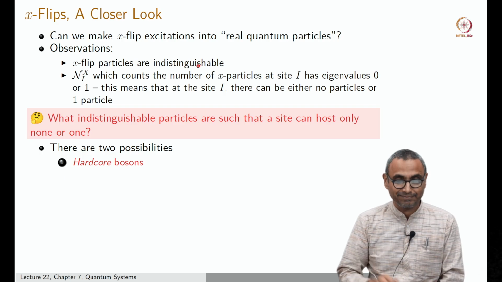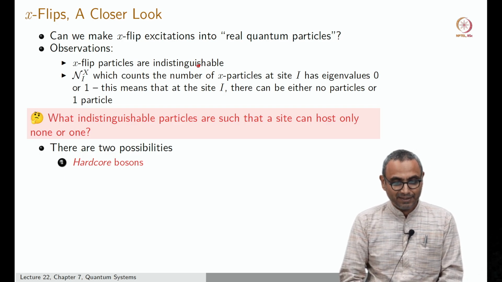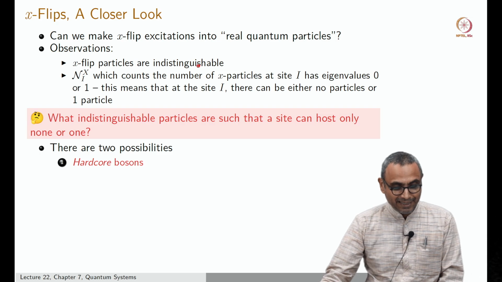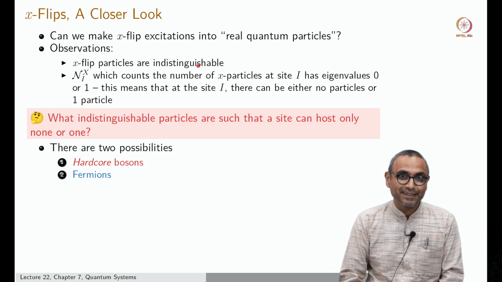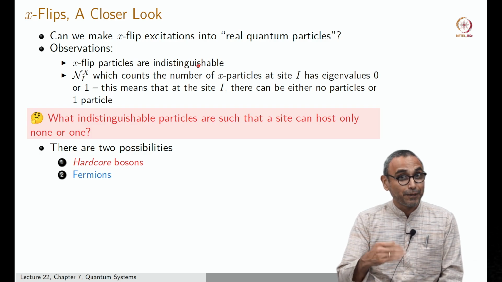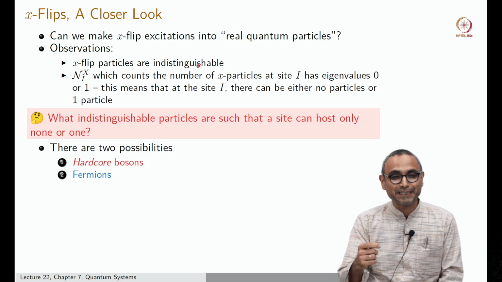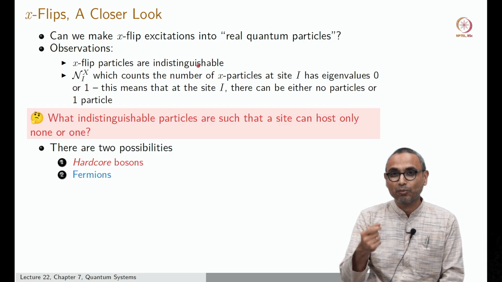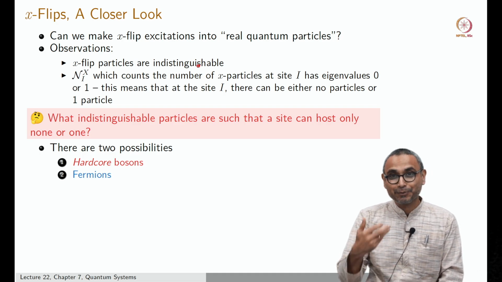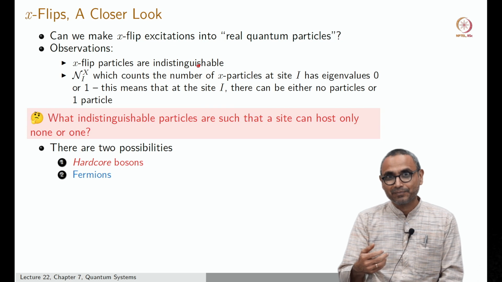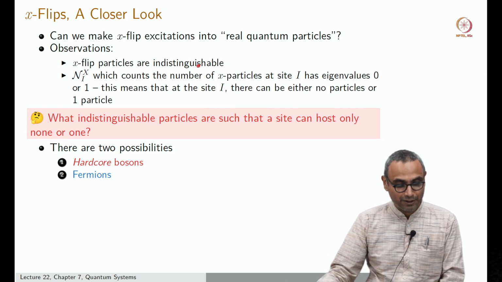It's not allowed. The other possibility is you can have fermions. Why fermions? Because the Pauli exclusion principle is applicable to fermions, which means that any state can be occupied by at most one particle. So fermions seem to be natural candidates for this, although hardcore bosons are equally good.